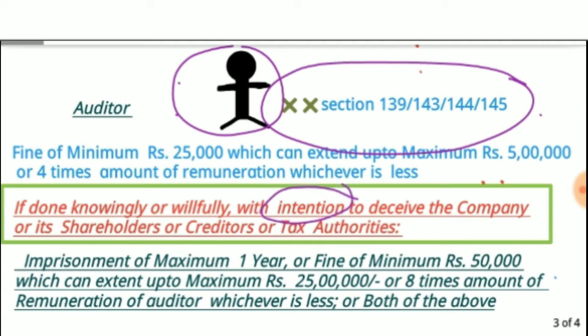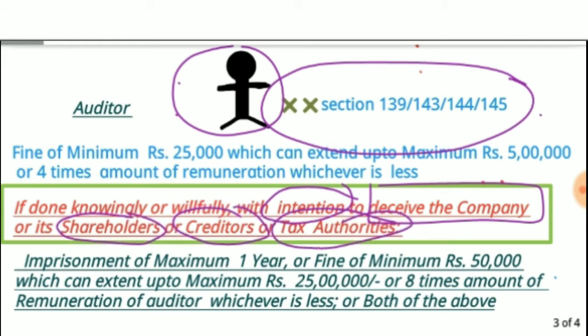What was the main objective behind that contravention? To deceive the company or shareholders or creditors or tax authorities. That is, the auditor is intentionally making such a contravention mainly for the purpose of deceiving the creditors, shareholders, members, the company, income tax authorities, etc.